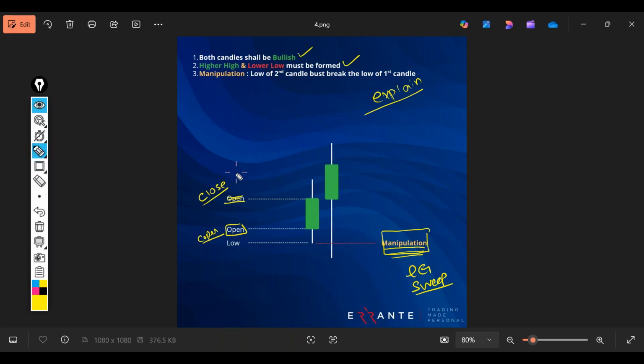When your close price is up and your open price is down, that means the candle is bullish. Just learn it this way: open, and then close, bullish. On the other hand, close price and then open is equal to bearish. Keep this in mind.